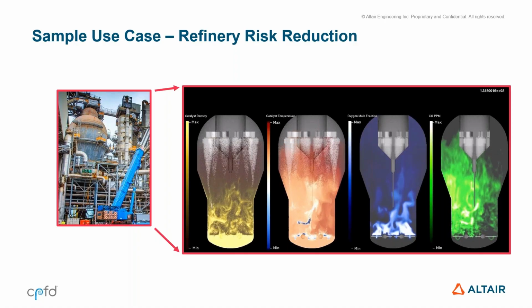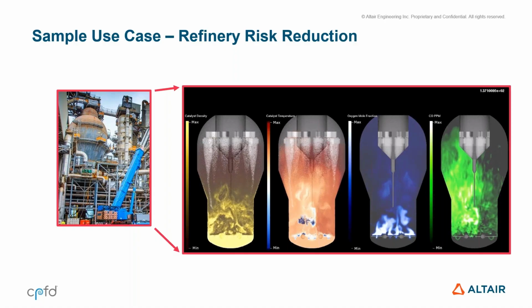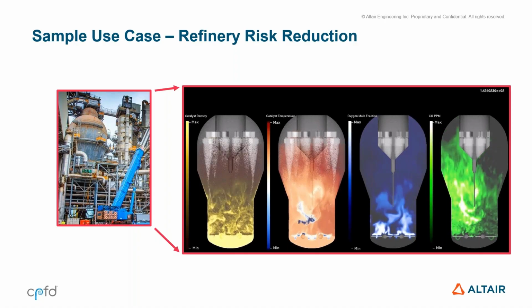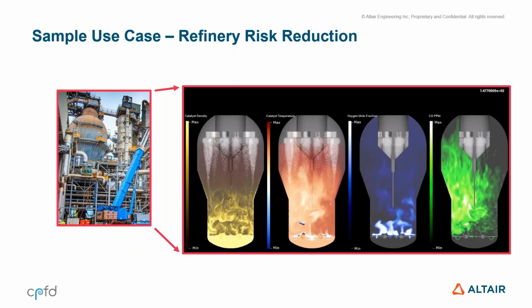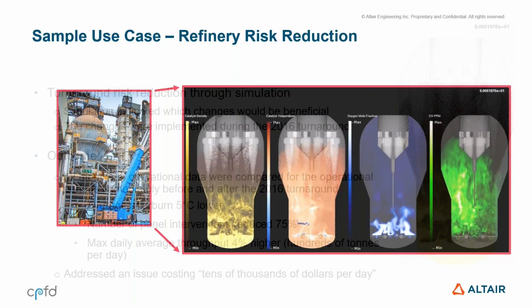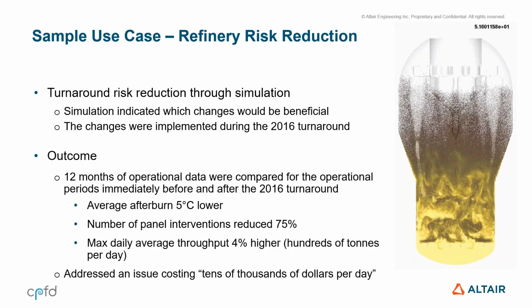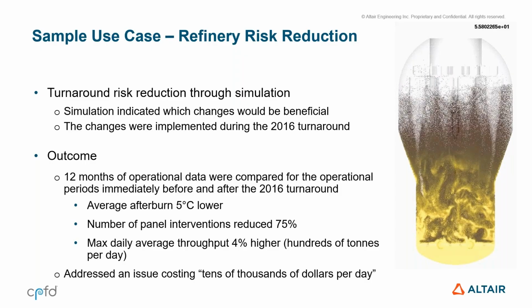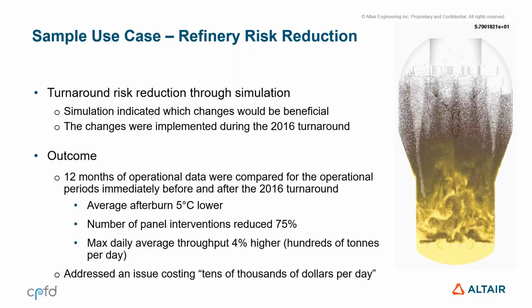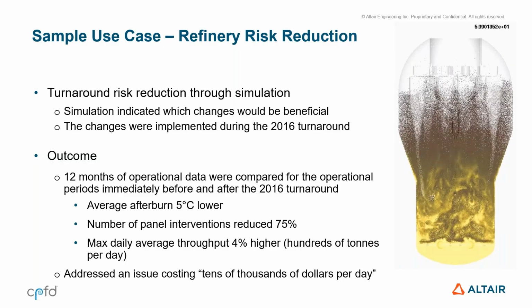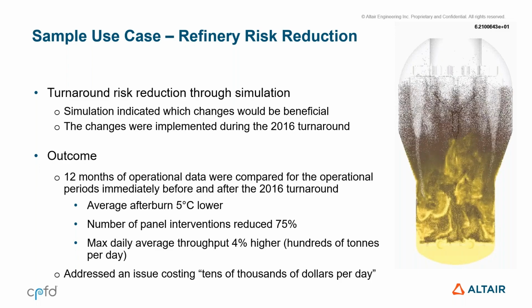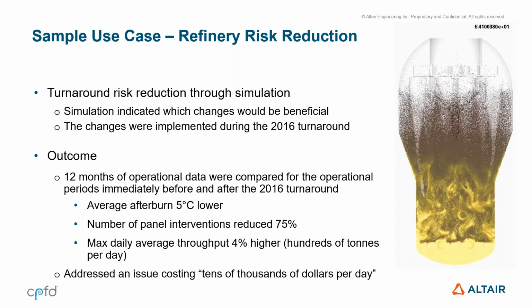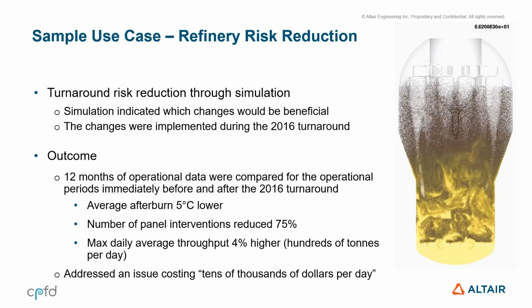The paper outlines that. But needless to say, using the software, they're able to identify the root cause and then do virtual testing of various alternatives. They actually implemented this, so the simulation indicated which changes would be beneficial, implemented during a turnaround in 2016, and then had the luxury of comparing a year's worth of operational data, both before that turnaround and after.